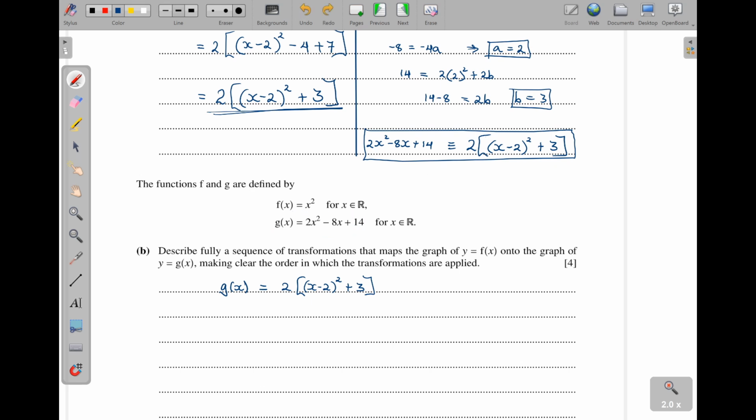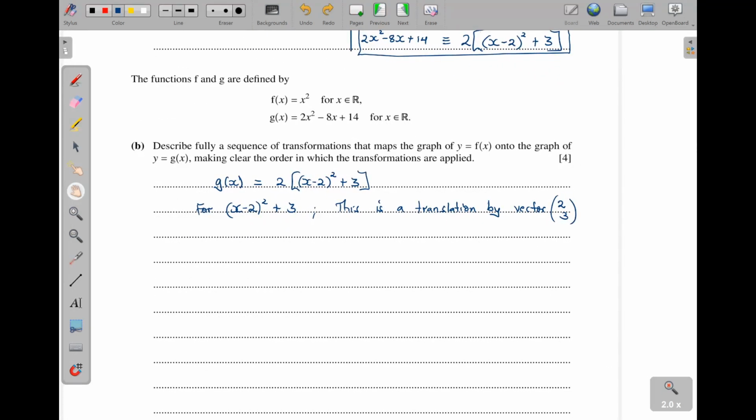You get that? So for x minus 2 bracket squared plus 3, this is a translation by vector 2, 3. Remember, this one pops out and then changes the sign for the x.